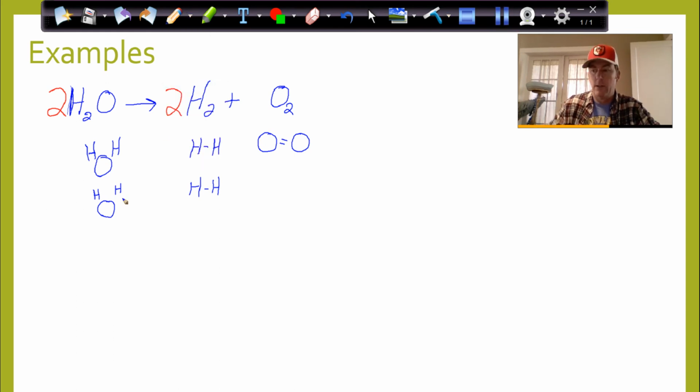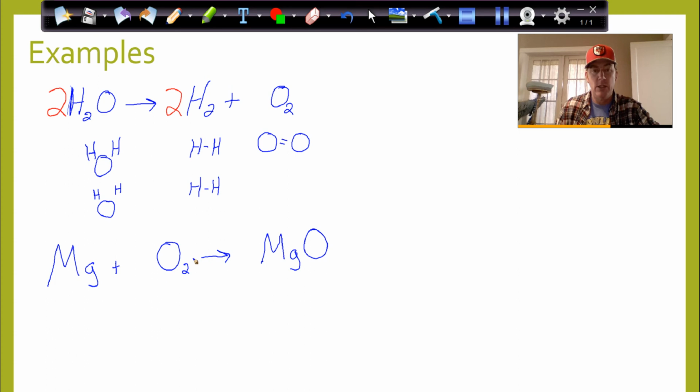Okay, let's try another one. Let's do the other reaction we saw. Let's do a synthesis reaction with magnesium and oxygen gas. So again, as we look at a product, magnesium is a +2, oxygen is a -2. Don't worry about what they were like over here. We need to just think about what they are going to make, right?